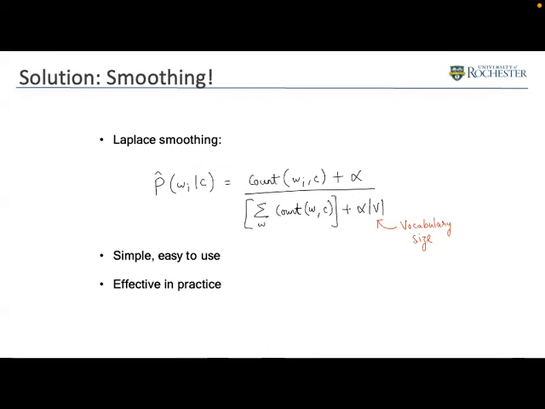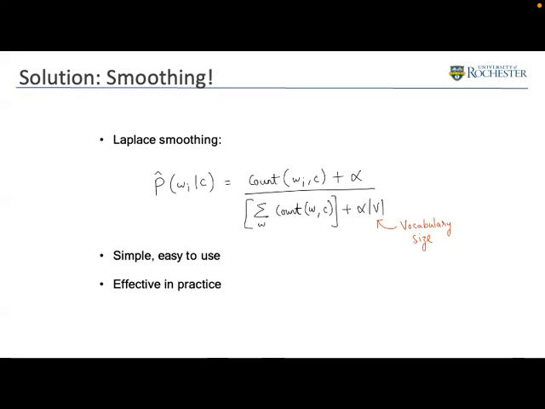So I also want to ask a question here. If the alpha here is very large, what will happen? Does anyone have some thoughts? What is the denominator? Oh, this one?